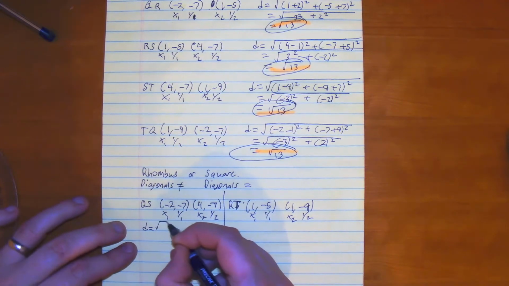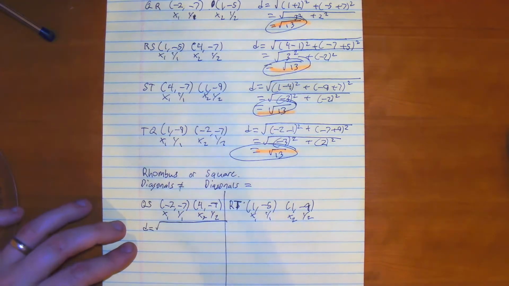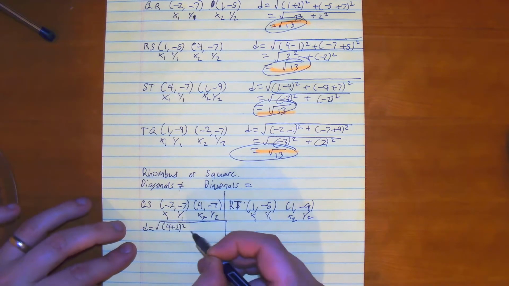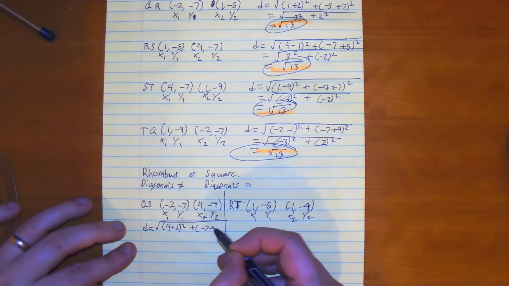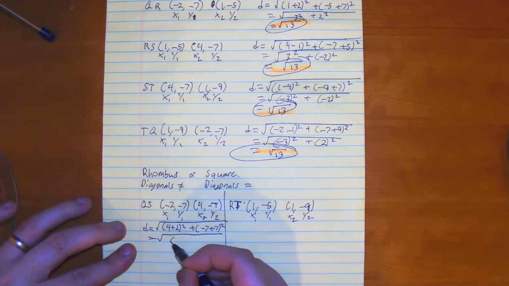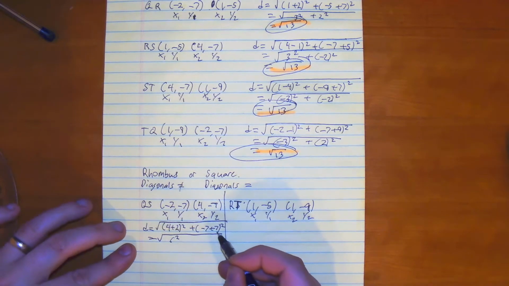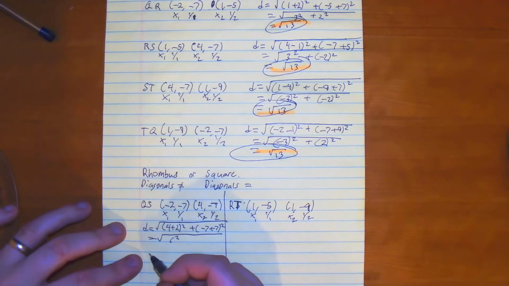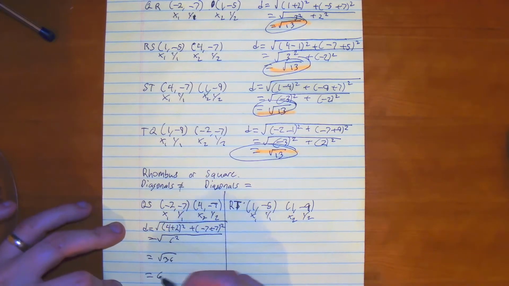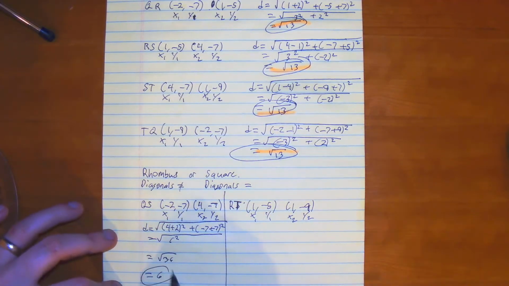D is equal to the square root of 4 plus 2 squared plus -7 plus 7 squared, which is the square root of 6 squared. -7 plus 7 gives us 0, so we have the square root of 36, which is equal to 6.